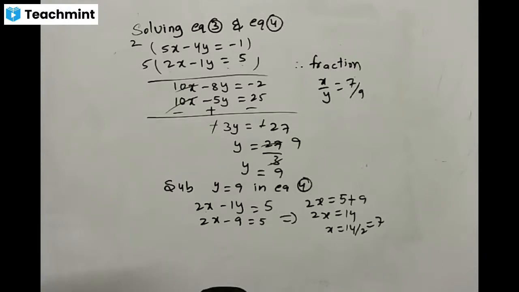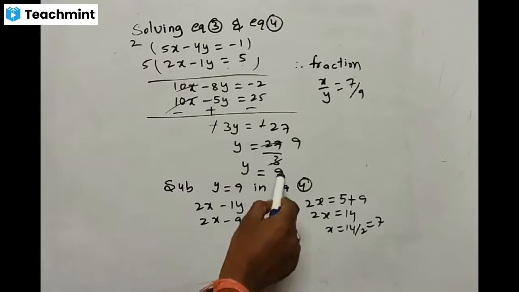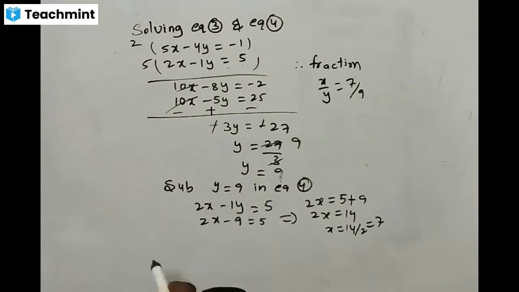How did you get 9, sir? 2 5s are 10, 10 minus 1 is 9, sir. Y value 9, na. Okay sir.